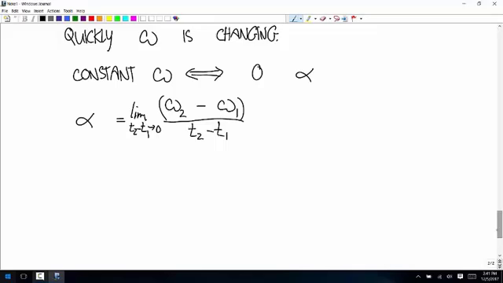Okay, so angular acceleration is directional. And the direction is given by the sign.